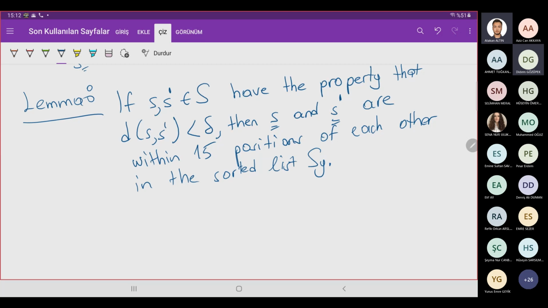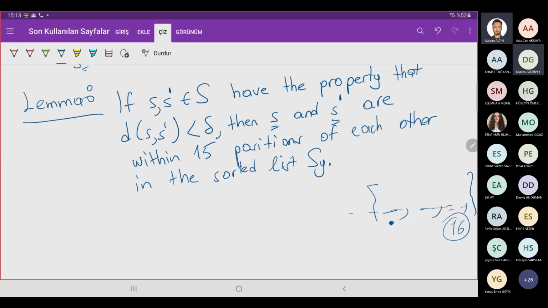So I have this sorted list Sy sorted according to their y coordinates, and if there are such points for which the distance is less than delta, and let's say the list has 22 elements, I just made it up, and I need to check the first one and the 16th one, okay, in this list.